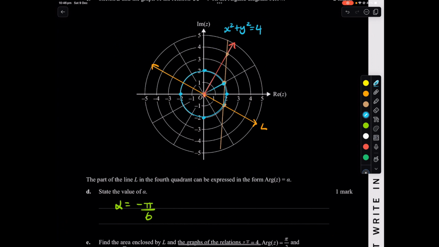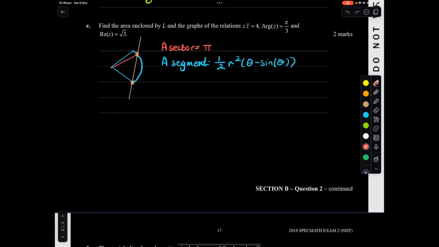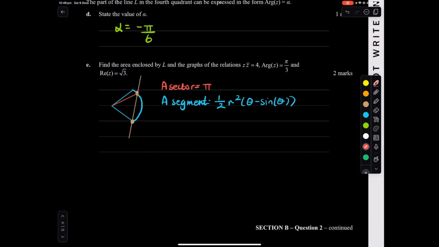This is your theta, but your theta now is 60 degrees, which is pi on 3. This is how it looks. So you draw this like this. We know the radius is still the same, and we know this angle here is pi over 3.